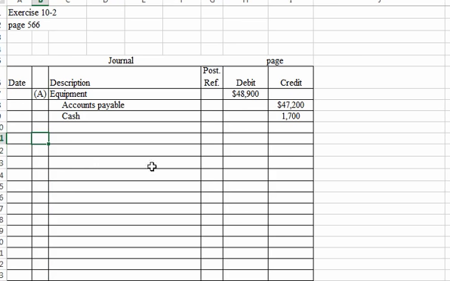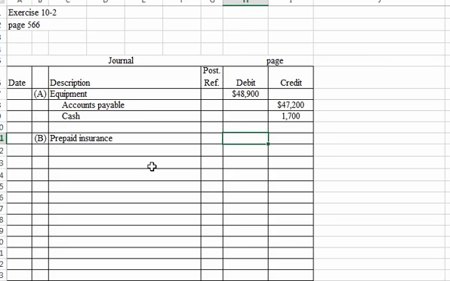And then the next entry, the insurance, you guys, we've paid it ahead for a year. Insurance on the equipment. So that's an asset for us. We'll debit prepaid insurance. Now, as you probably remember from financial accounting, as time passes, a year from now, that entire amount will become insurance expense.